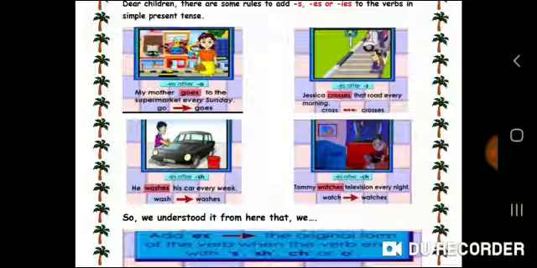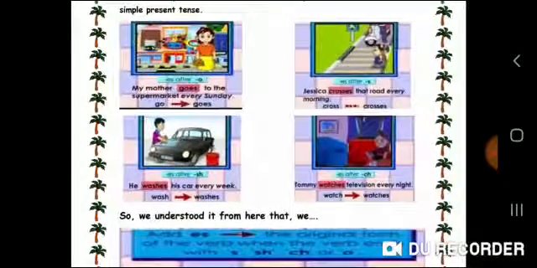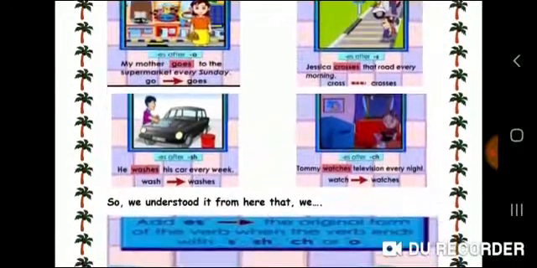He washes his car every week. Tommy watches television every night. In all these examples we are talking about a routine: on all Sundays my mother goes to the supermarket, Jessica crosses the road every morning, the person washes his car every week, and Tommy watches television every night. So these are all routine works, these are habits.